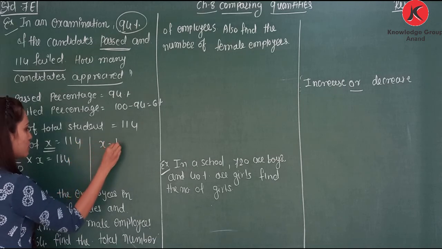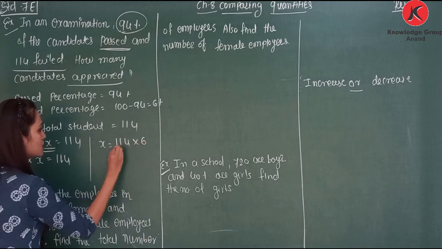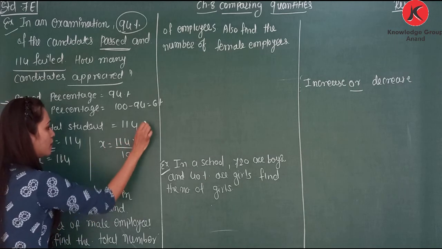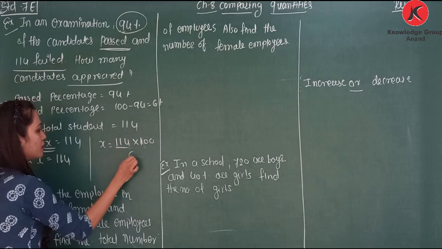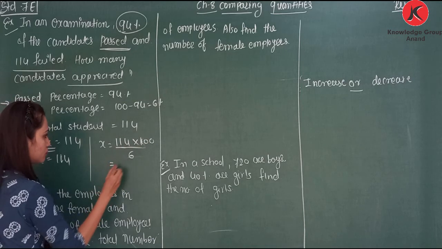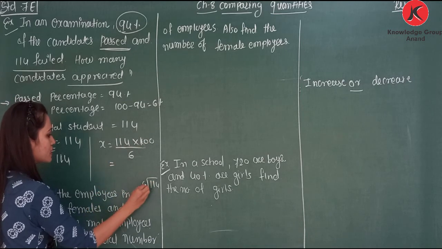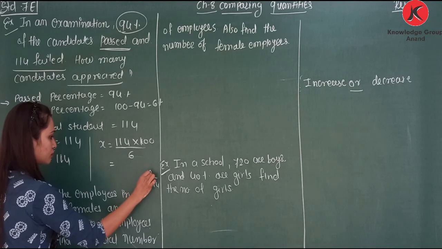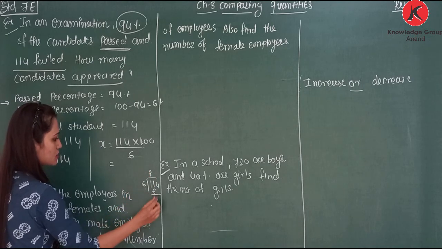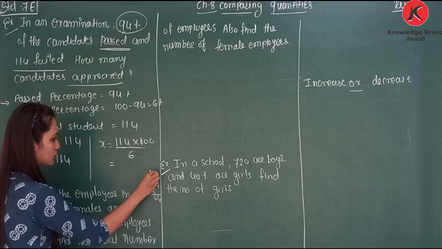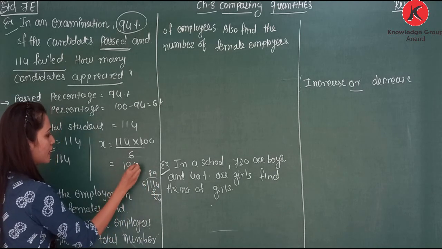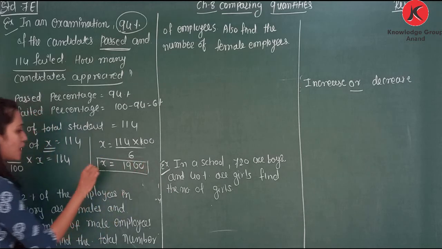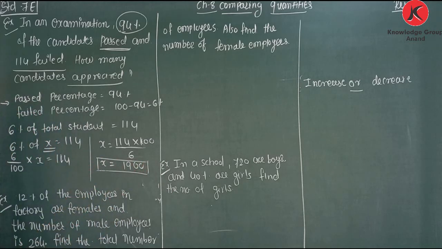So x is equal to 114 multiplied by 100 divided by 6. So it is 1900. The total students appeared in the exam is 1900.